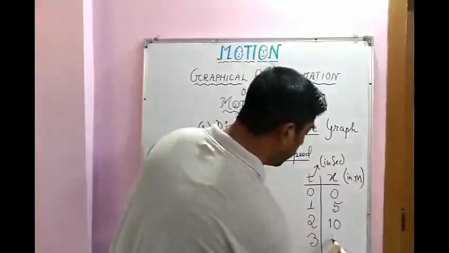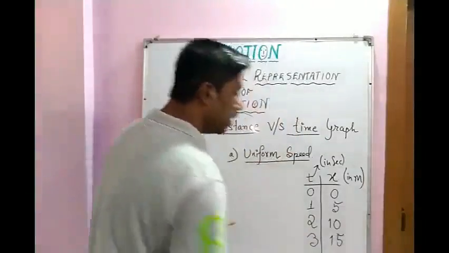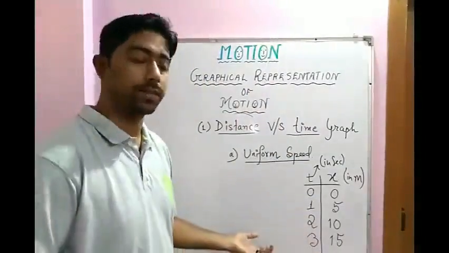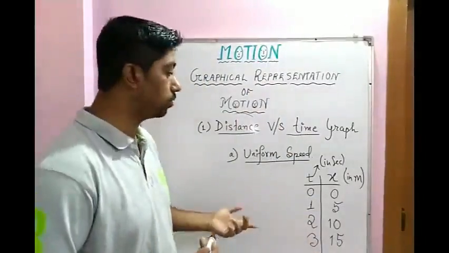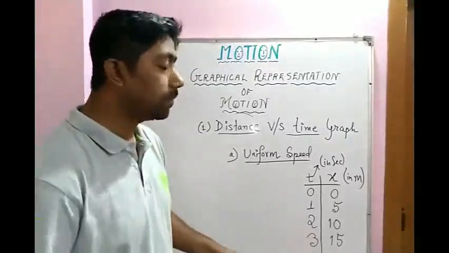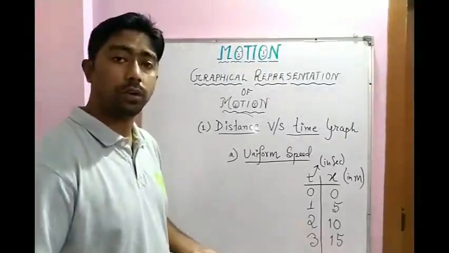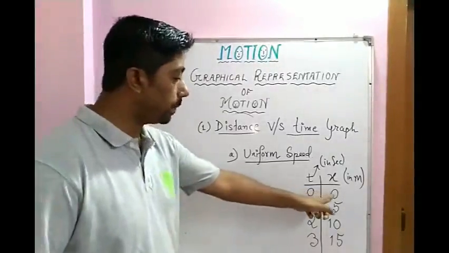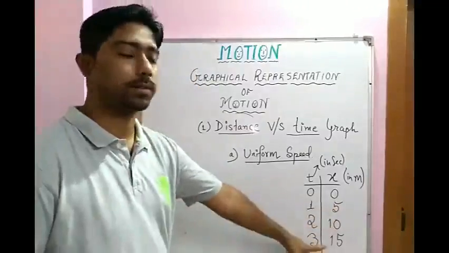Let it be 15. I want to make it amply clear that this is a very special case. I am selecting it to show you a special type of graph. Each and every time, whatever experiment you are doing or whatever observations you are making, it is not necessary that you attain values uniformly like this.